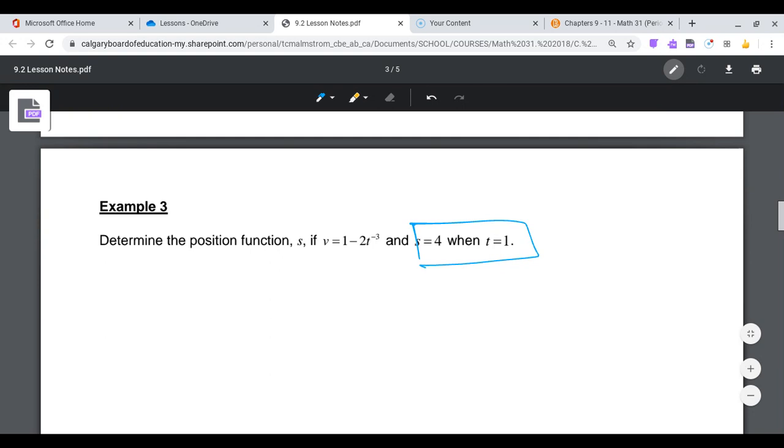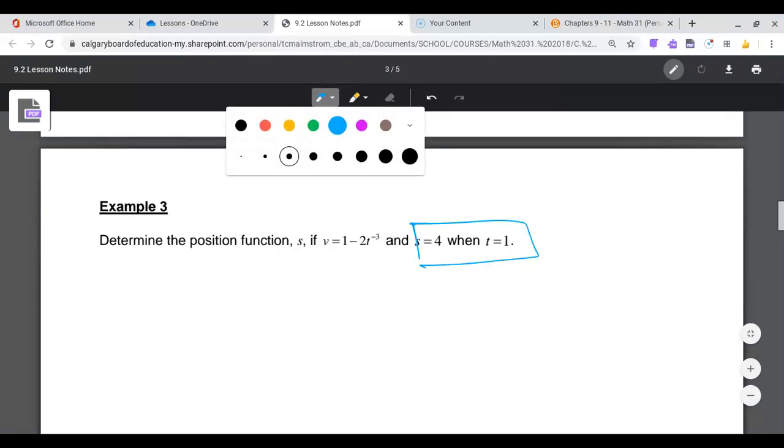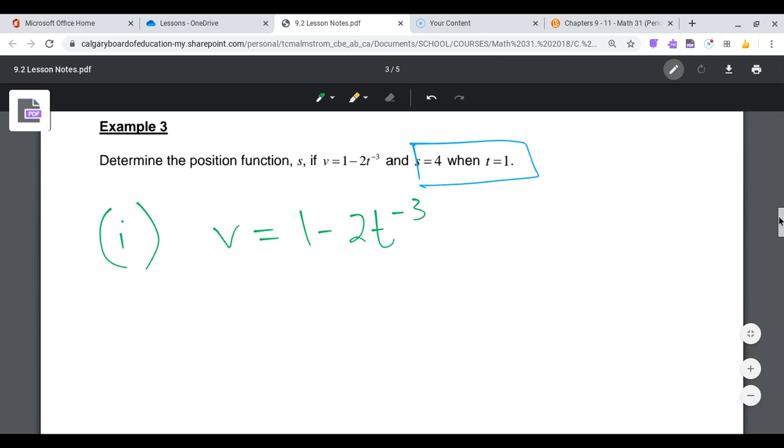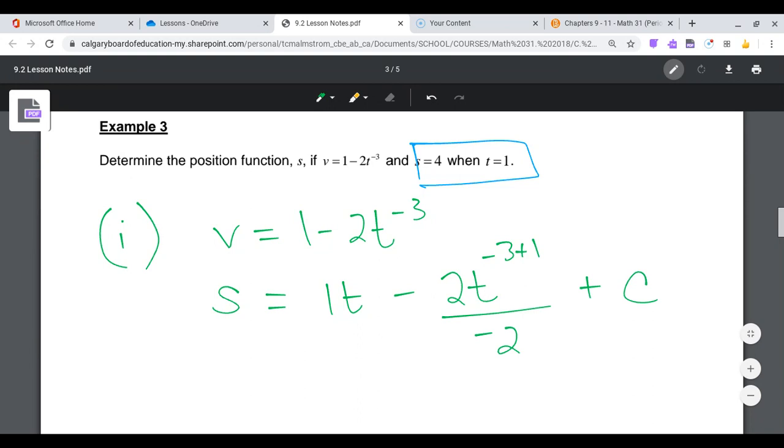All right, so the first thing that we're going to do is take the antiderivative of the velocity function to find s. So s is equal to 1t minus 2t to the negative 3 plus 1. That gives me negative 2, so I'm going to divide by that exponent, plus c.